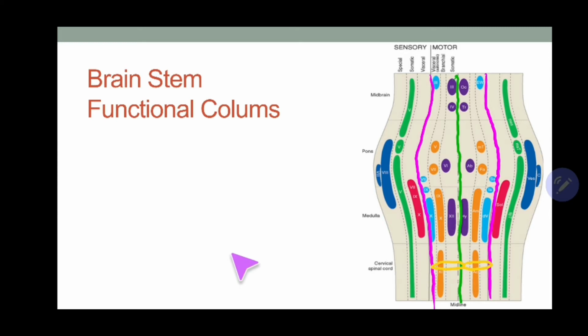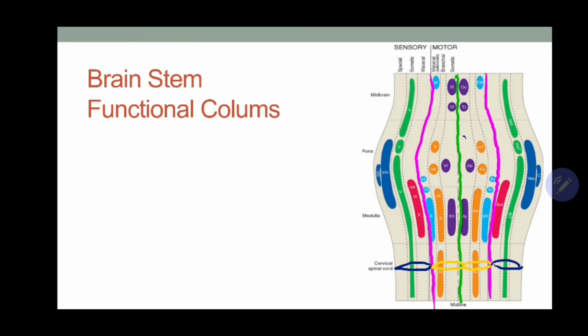Then lateral to that, on both sides of the sulcus limitans, this is sulcus limitans, so lateral to that it's this alar lamina. Now, one thing before that, let's say this is bilaterally symmetrical, right?